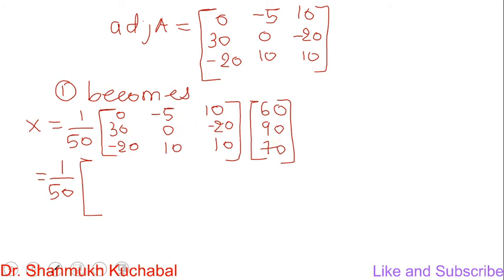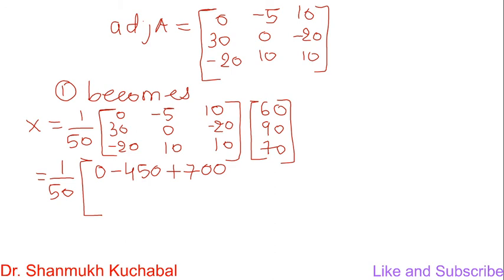Similarly, the second row is multiplied by the column, and the third row is multiplied by the column. That answer we have to write. So we get 0 minus 450 plus 700: 0 into 60 is 0, minus 5 into 90 is 450, 10 into 70 is 700.